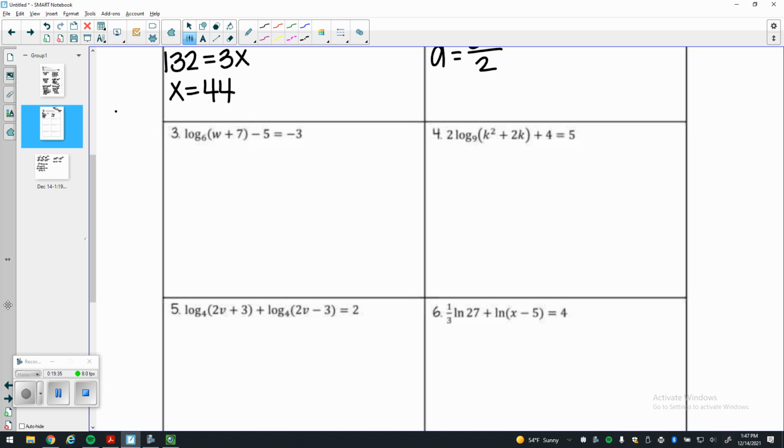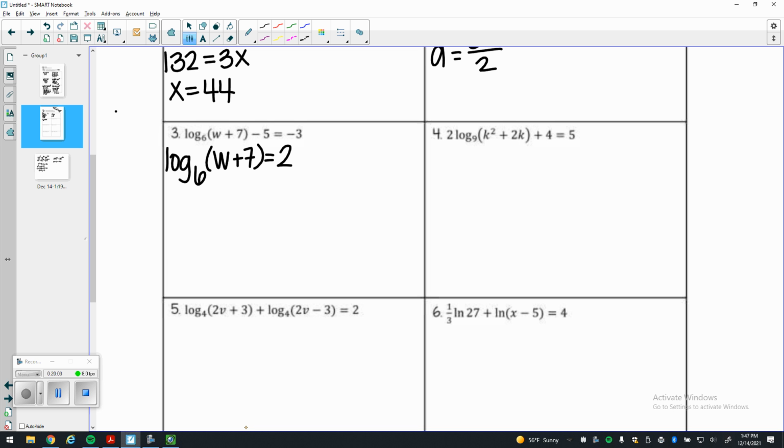Number 3. What do you have to do first? Yes, you have to add 5. So this is log base 6 of w plus 7 equals 2. What am I going to do now?